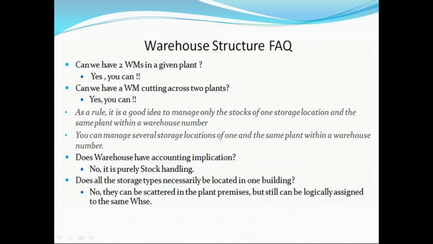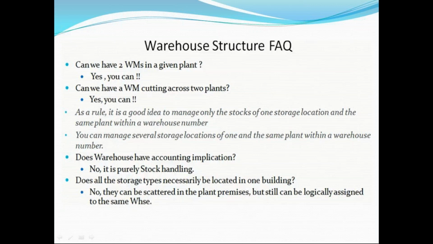The main fundamental concept is that your plant and the storage location must be associated with a warehouse number. If your plant is 1000 and the storage location is 1000, that plant and storage location should be linked with a particular warehouse.